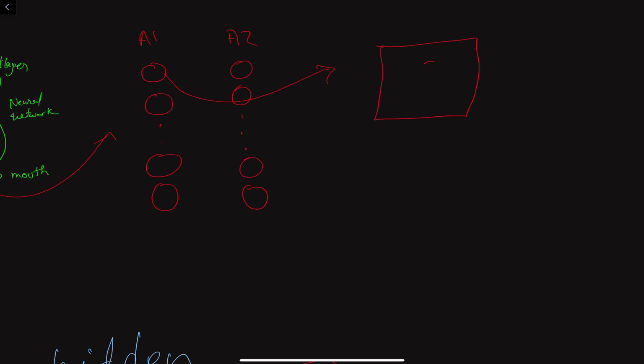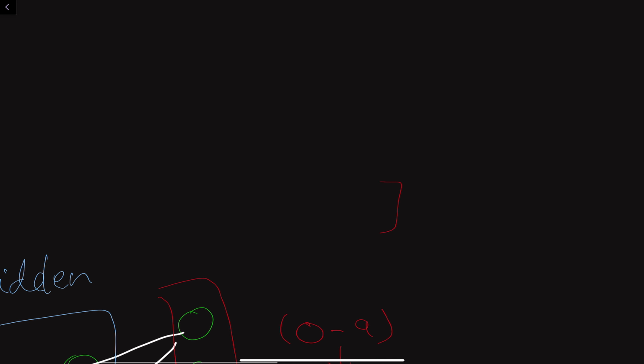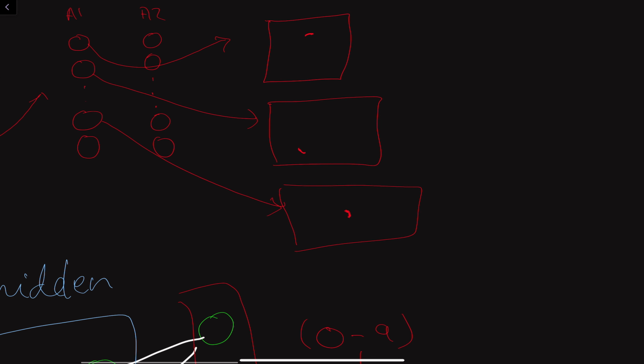Maybe it's looking for this edge right here, just a little small pattern. And this node is looking for a pattern here. And similarly, this one is looking for a pattern here with a distinct shape. All right, we can say that's what the first layer is looking for.